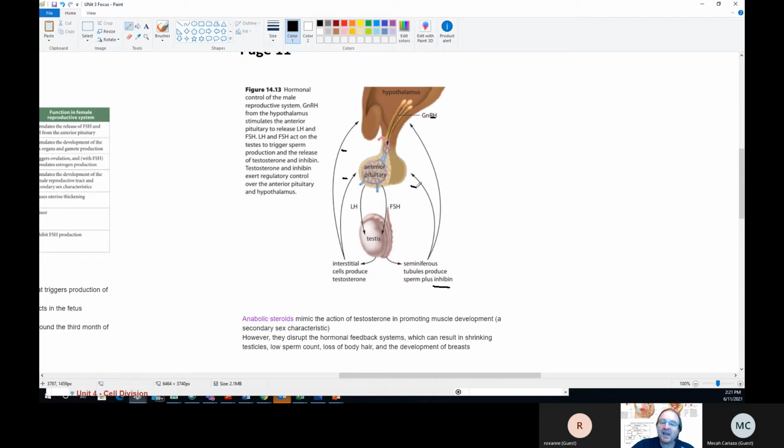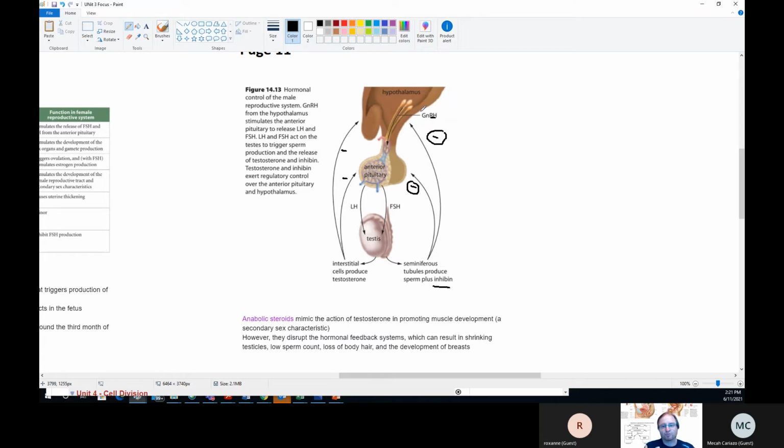It says, hey, anterior pituitary, shut down the production of FSH. It says, hey, hypothalamus, shut down the production of GnRH. If you think about it, GnRH makes the anterior pituitary produce FSH, so if you shut down the top, you shut down the whole thing.